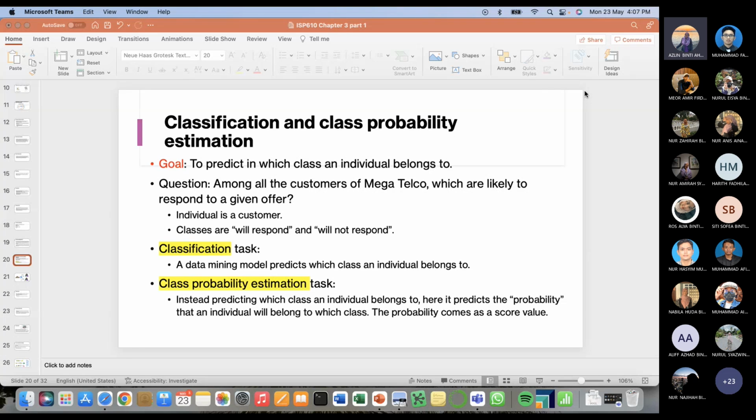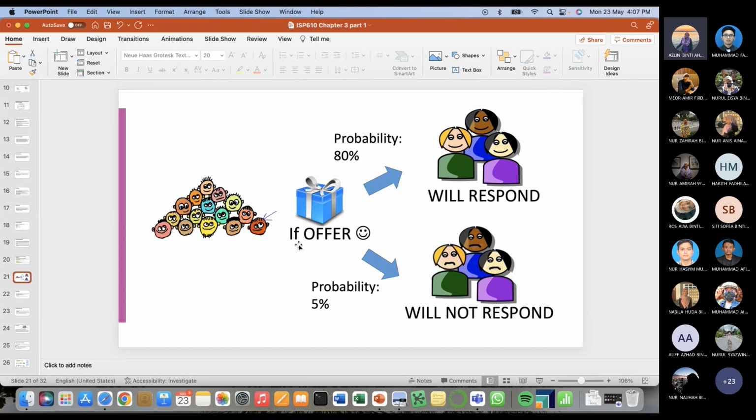So we have another infographic lah. Let's say we have a bunch of customers here and we have an offer. So let's say we want to use class probability. Let's say 80% of the customers will respond and the other 5% will not respond. So you can see, and you can also calculate the probability for every customer.